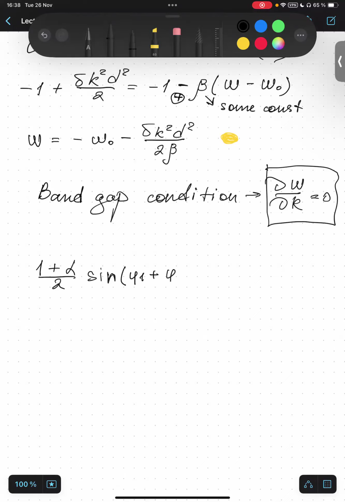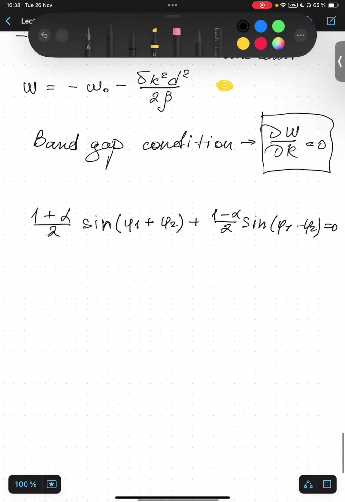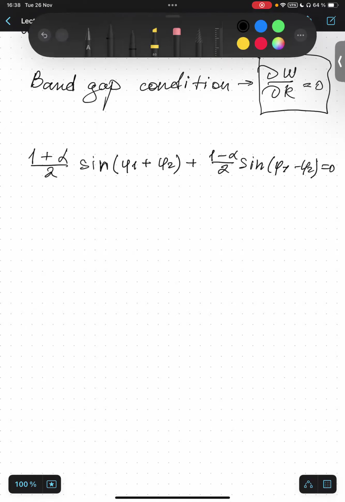This equation: sine of phi1 minus phi2 equal to 0. Let's analyze it a bit, because it leads to some interesting cases.